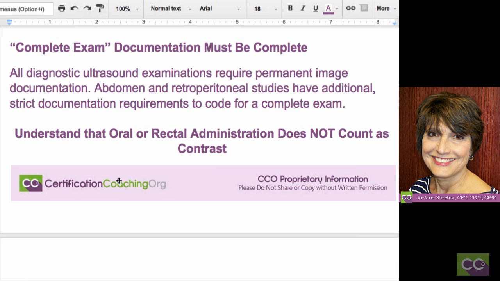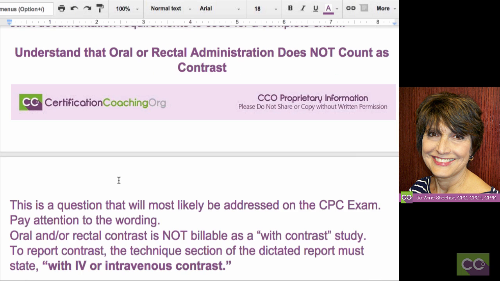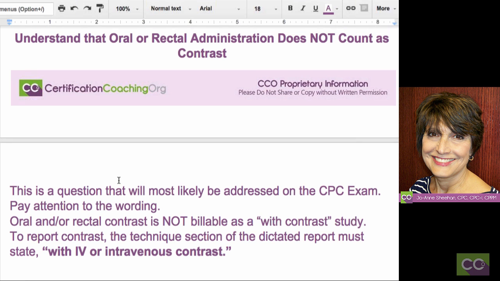That's pretty standard. One of the questions that seems to be a problem for a lot of people studying for the exam, and even those that are CPCs, is that they get confused with the contrast. If a patient receives some type of a contrast orally or rectally, that does not count as a contrast. And this really happens a lot.